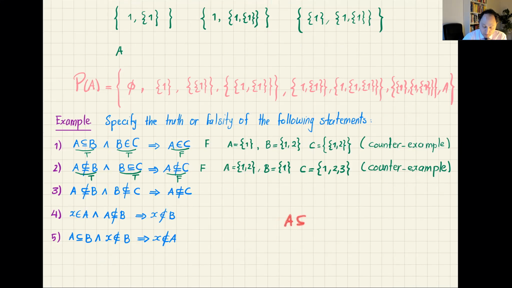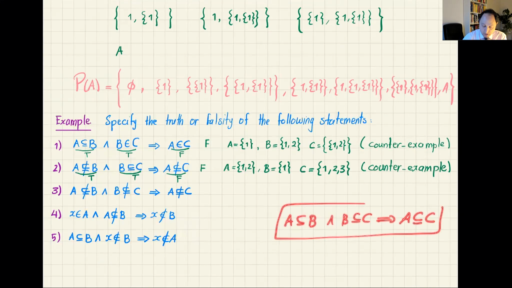If A is a subset of B and B is a subset of C, we showed that we can always conclude that A is a subset of C. That is a true implication. But I'm trying to say that if you want to conclude something except the ones that are in theorems, you need to be very careful. Maybe they are not right.